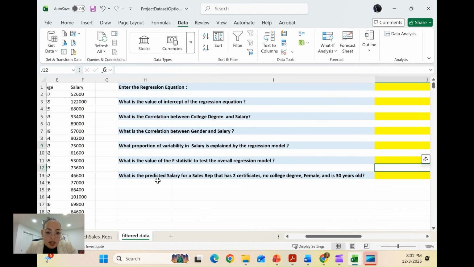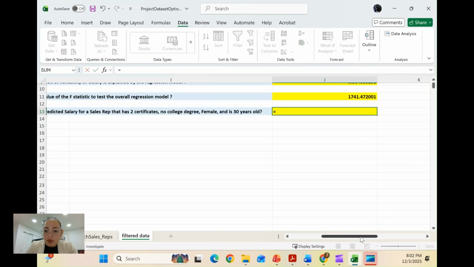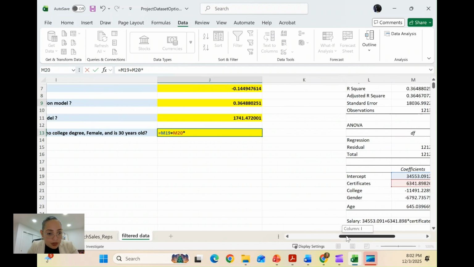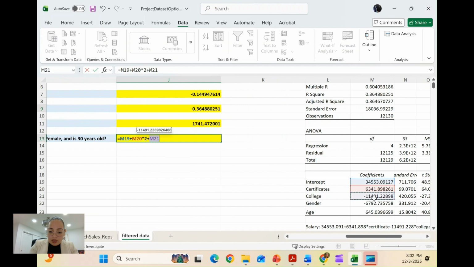And finally, what is the predicted salary for a sales representative that has two certificates, no college degree, is a female, and is 30 years old? To respond to this question, we will use our equation. So we will start with the intercept plus the certificates times how many certificates this person has, two certificates, plus the college.